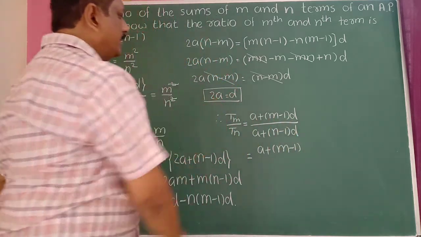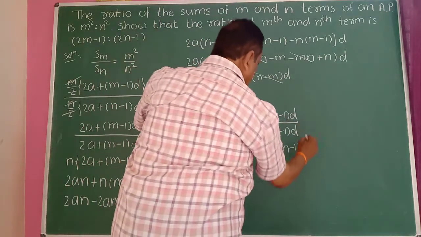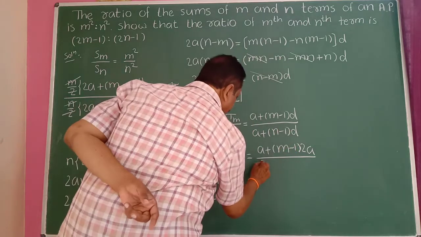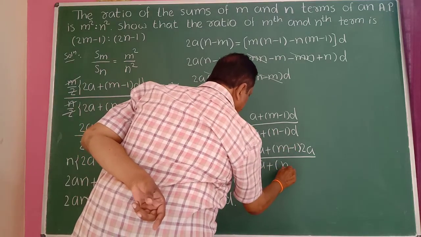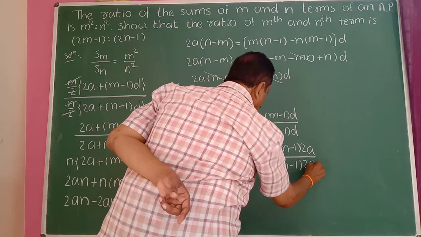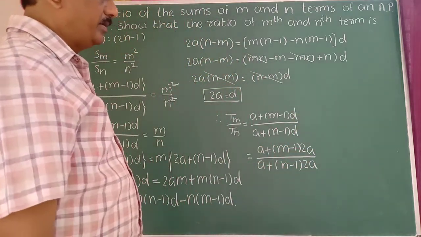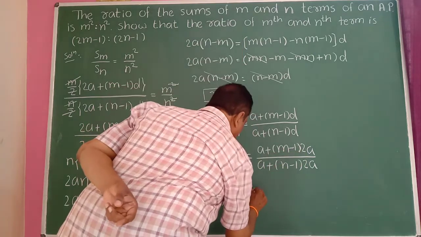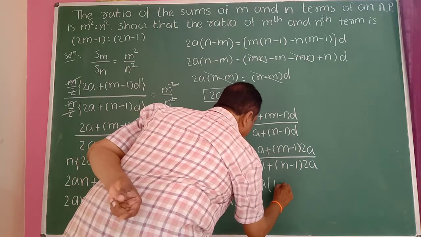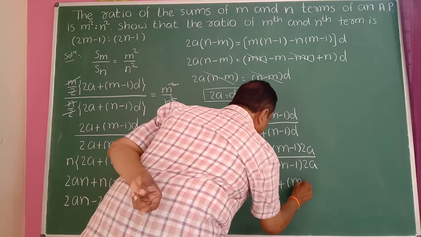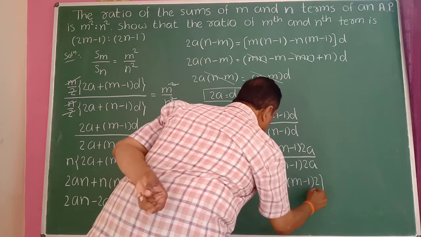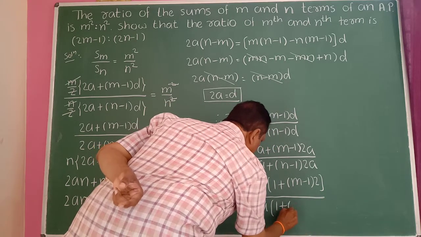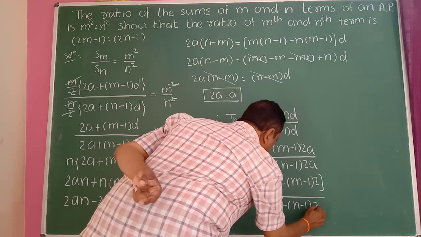But d is equal to what here? 2a. So use it here. In the numerator a is the common factor, in the denominator a is the common factor: 1 plus m minus 1 into 2a divided by 1 plus n minus 1 into 2a.